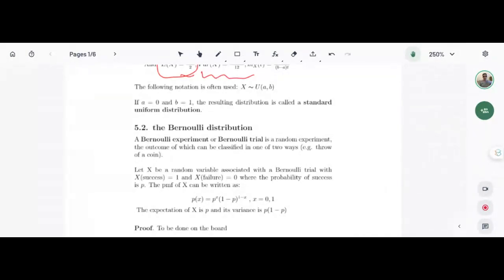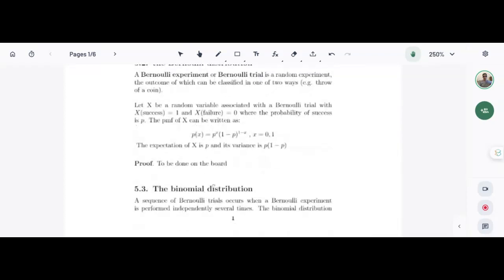Yes, if p is the success probability, it means 1 minus p should be the probability of failure, to the power of 1 minus x, right? Great. Now the expectation of x is p and its variance is p times 1 minus p.